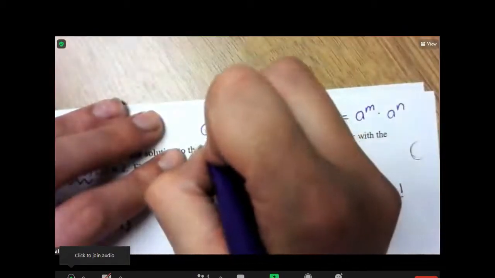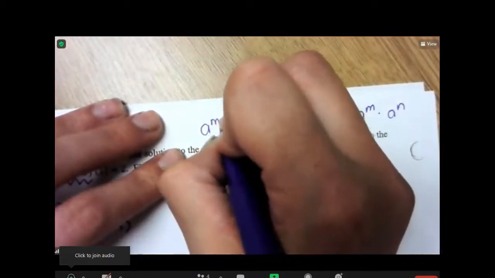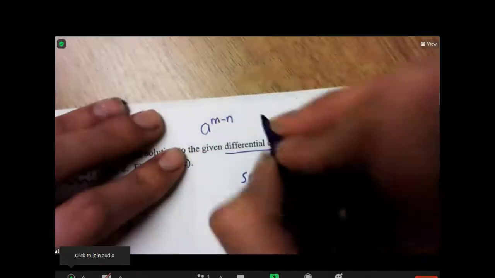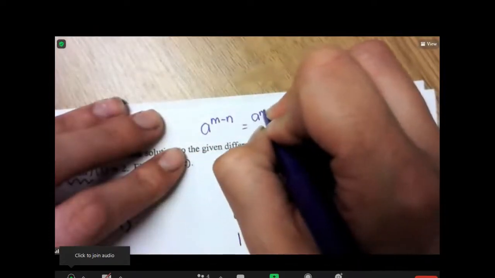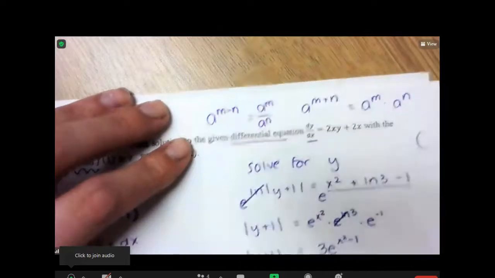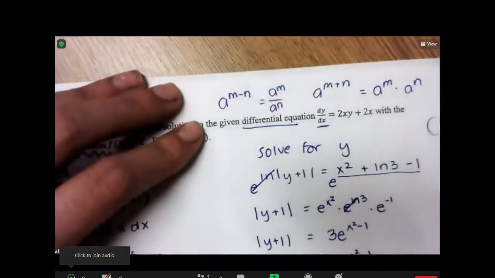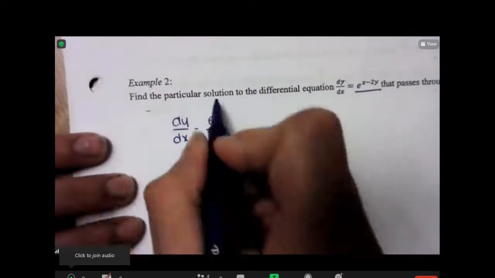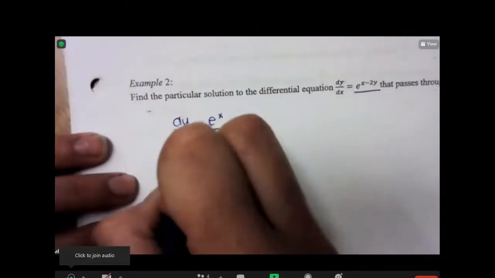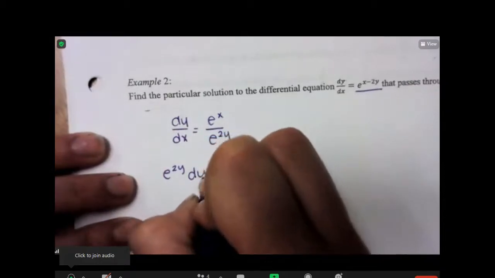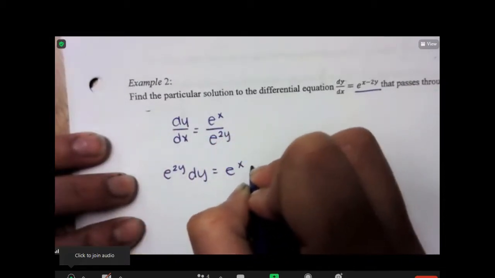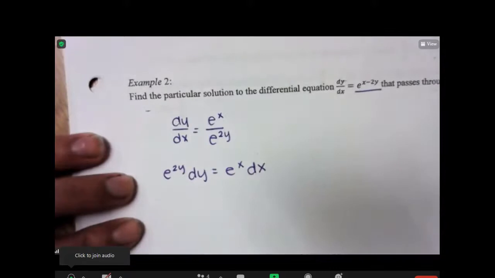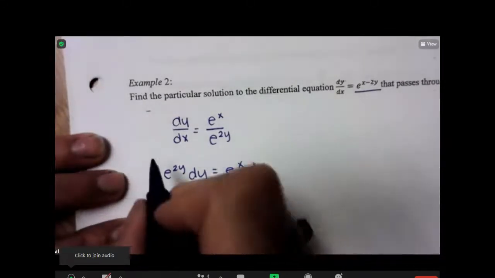It's kind of like saying a to the m minus n is the same as a to the m over a to the n. Now we can cross multiply. We get the e to the 2y with dy. We get the e to the x dx. And then we integrate.